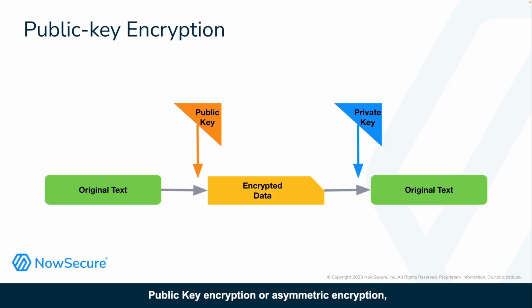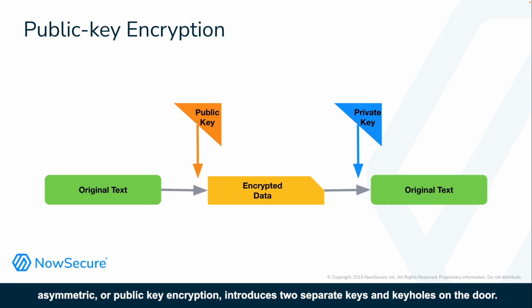Public key encryption, or asymmetric encryption, solves for this weakness by introducing two different keys. Consider our analogy of a door. Unlike symmetric key encryption, which uses the same key to both lock and unlock the door, asymmetric or public key encryption introduces two separate keys and keyholes on the door.